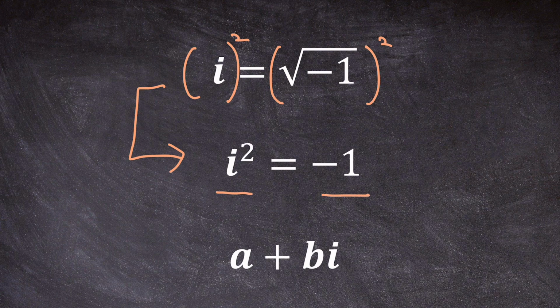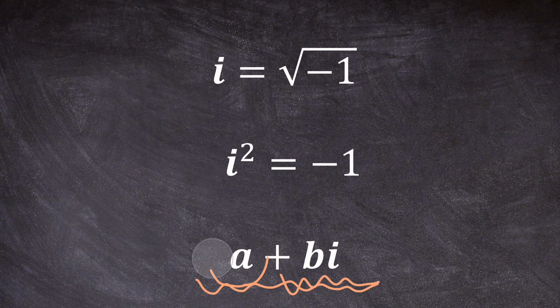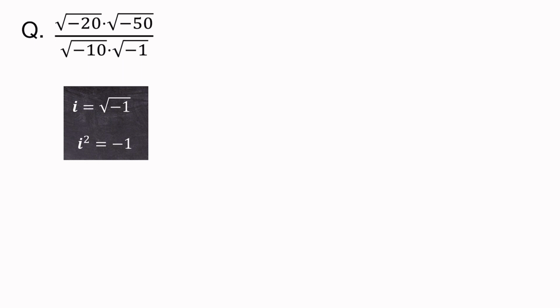Imaginary or complex numbers are often expressed in a + bi format, where a is just a regular number, but the bi part is the complex part. I'm going to have this page posted along with the original question right here so that we can refer to this little cheat sheet when doing operations with complex numbers like this.